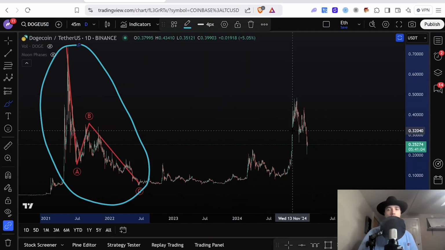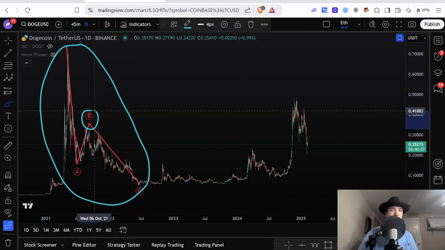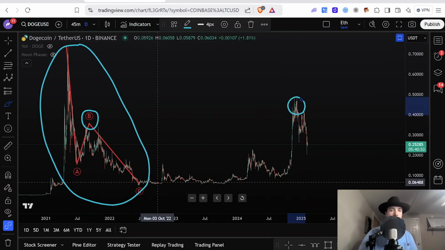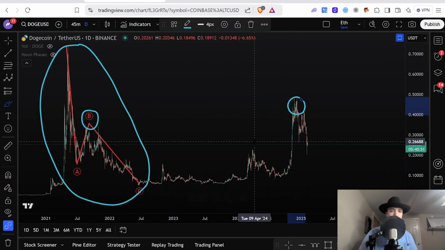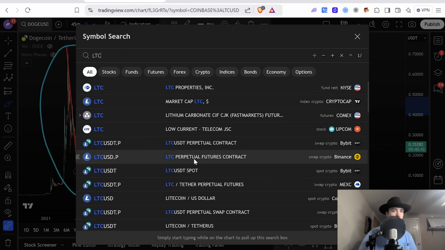That's the structure that the market makes when it starts to turn around. And like I said, wave B is the most common place for that breakout to occur. Once you bottom out down here and start to turn around on the upside, usually that breakout goes up towards wave B. So that's what I'm expecting for Litecoin here in the near future.